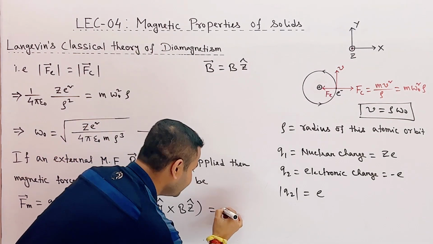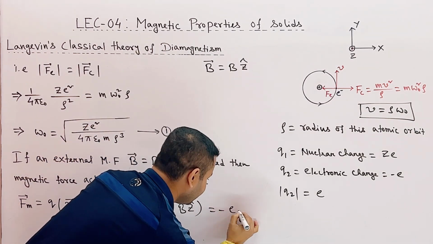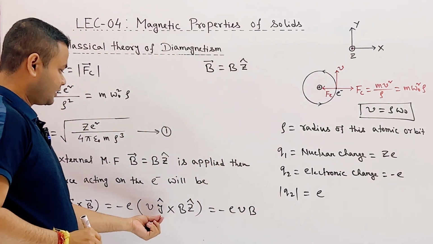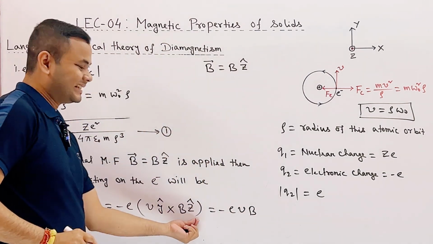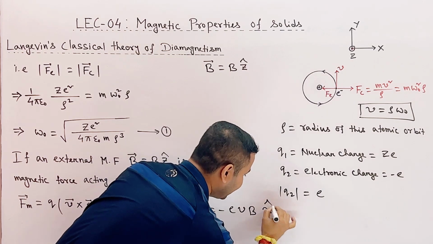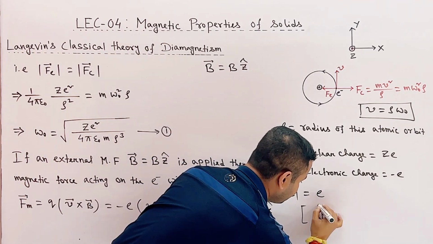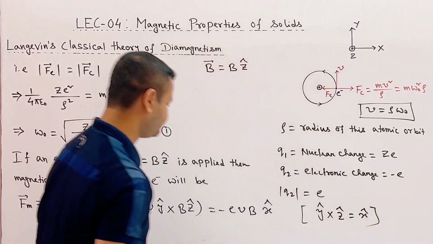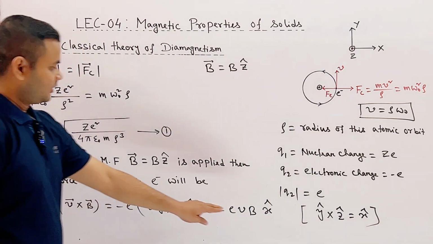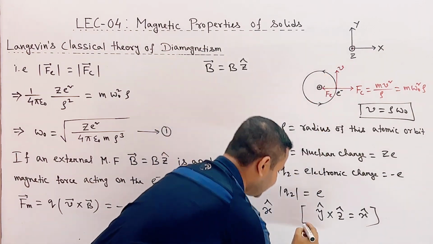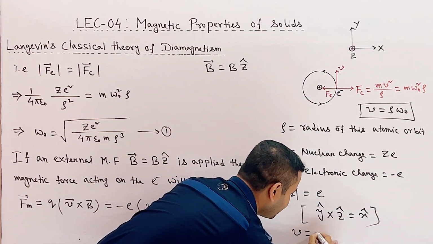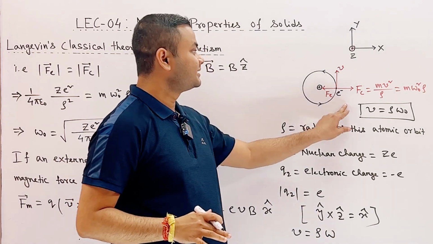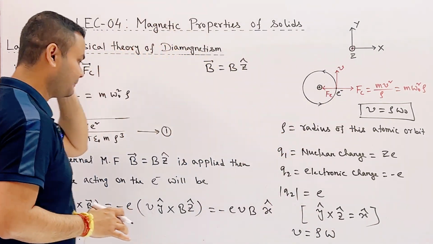After simplifying, we will get minus e V B into y cap cross z cap whose value is x cap. Again, the velocity of this electron can be written as rho into omega, where omega is the new angular frequency of this electron after application of external magnetic field.